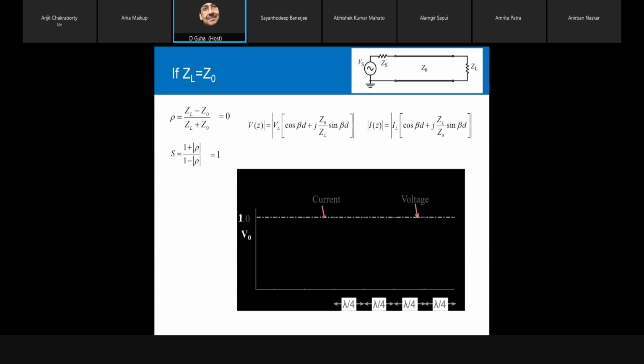That means your standing wave pattern is just a straight line. Sine and cosine, for the same argument, if you add, they are going to give you 1 always. So this is the standing wave voltage pattern when you have your transmission line perfectly matched, that means ZL equal to Z naught.